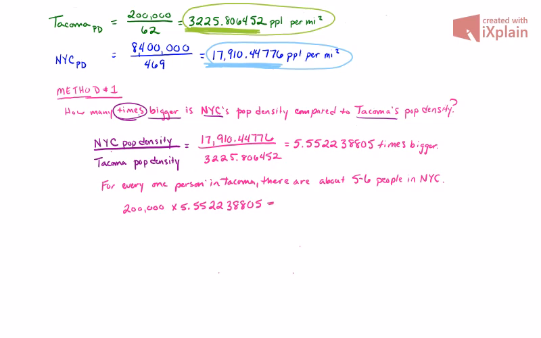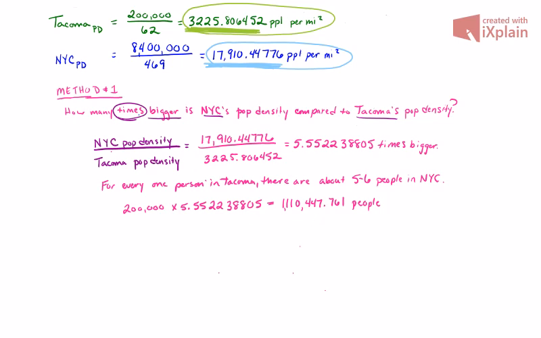So if we take this number and actually go ahead and multiply it, we're going to get that we need to have 1,110,447.761 people live in Tacoma. Not move, let's say live. That's going to be a little bit more accurate.